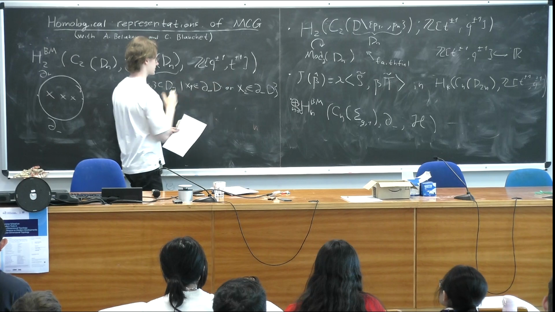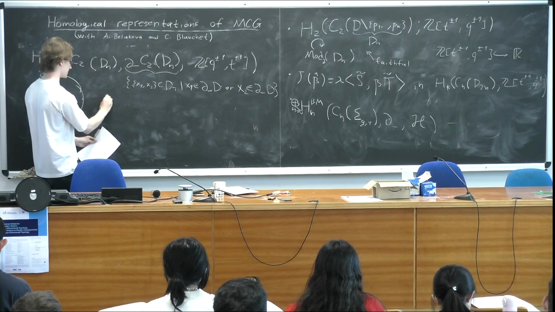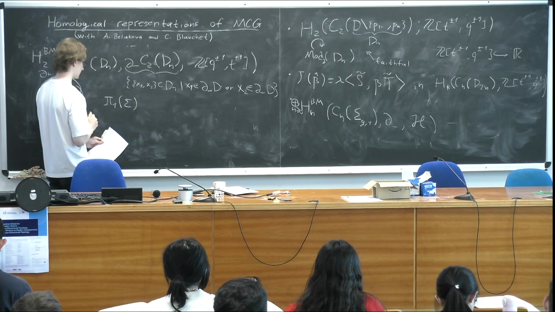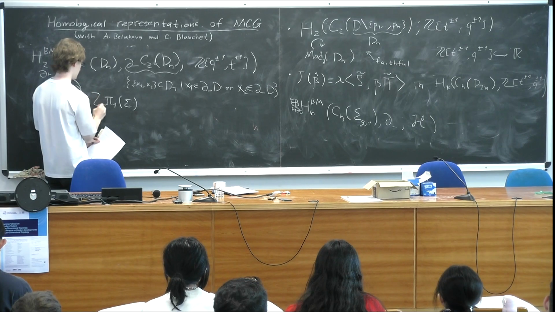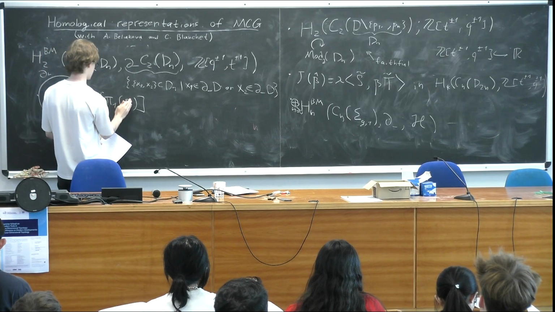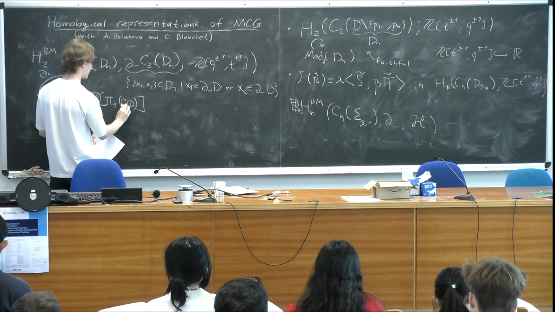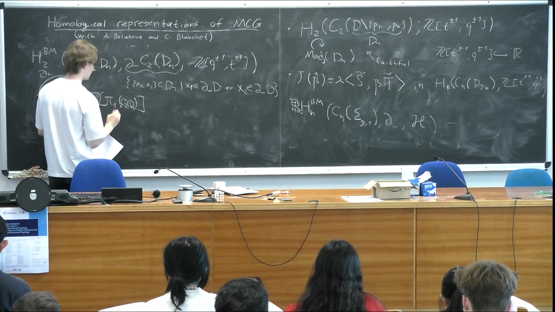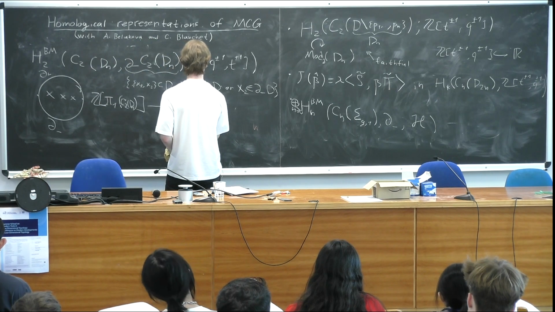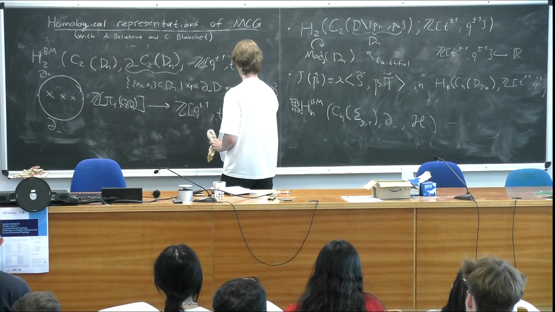And then let me say what this local system is. I think about a local system as, well, let's say, a homomorphism from the group ring of pi1 of the configuration space to this ring.